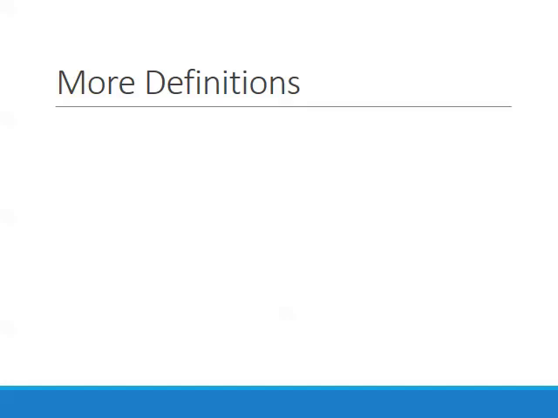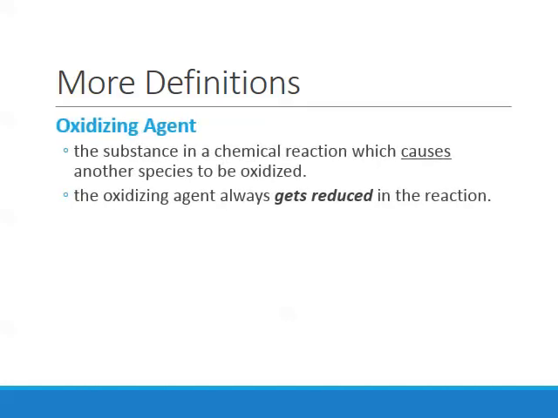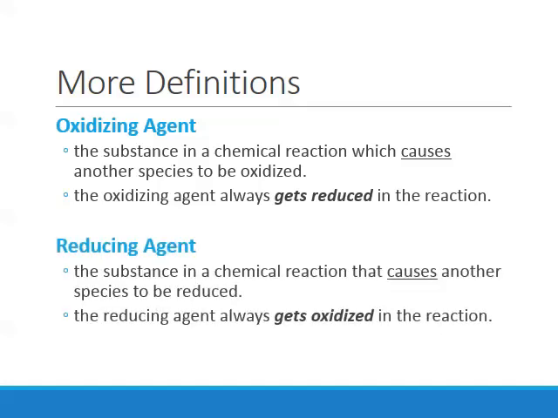A couple more definitions that are important before we move on. An oxidizing agent and the corresponding reducing agent. Within a chemical reaction, something is getting reduced and something is getting oxidized. The thing that causes a species to become oxidized is called the oxidizing agent.